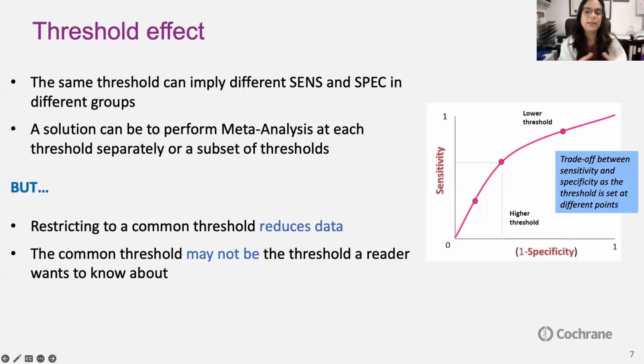So we group, let's say, the studies across a narrow range of thresholds where we consider the accuracy to be similar. However, restricting to a common threshold may reduce data in most cases, or the common threshold may not be the threshold that the reader wants to know. So to this end, we need to use more appropriate, more advanced methods than the ones that we use in a meta-analysis of interventions. And that's what we are going to discuss in the next few slides.